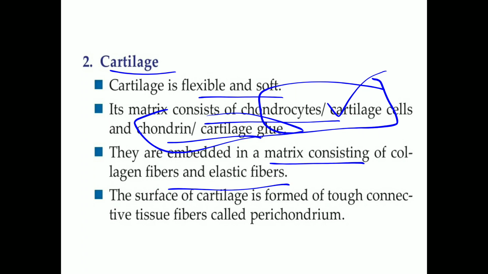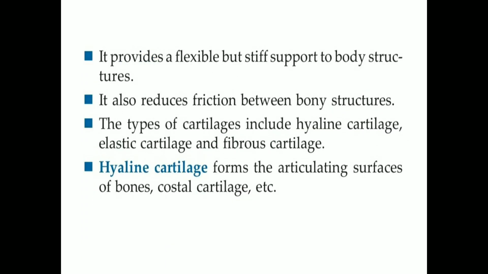The surface of the cartilage is formed of a tough connective tissue layer called perichondrium. This outer covering provides flexible but stiff support to the body structures, and it reduces the friction between the bony structures.